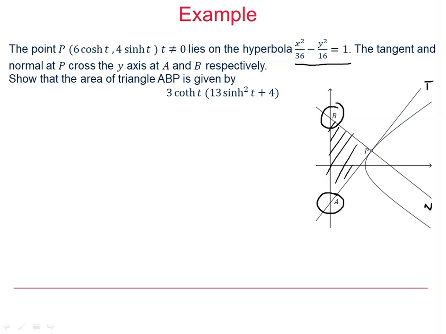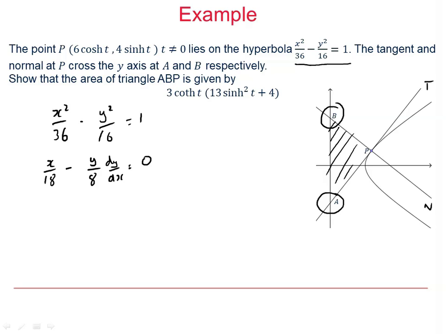So the first thing we need to do is to differentiate the function. So let's do that implicitly then. If we differentiate x squared over 36 minus y squared over 16 equal to 1 with respect to x, then we get 2x over 36, so x over 18, then minus 2y over 16, so y over 8, then dy by dx is equal to 0.